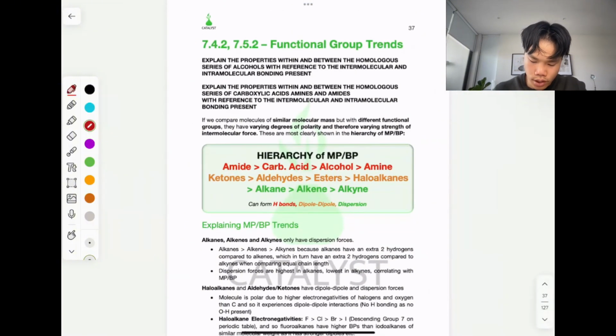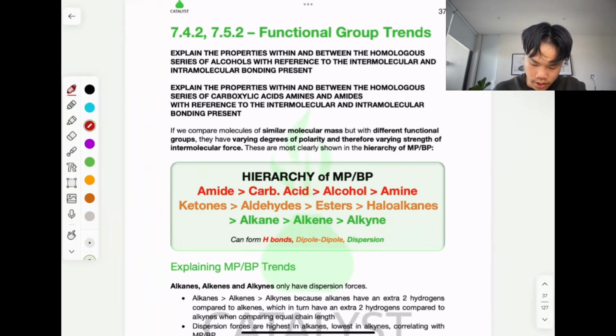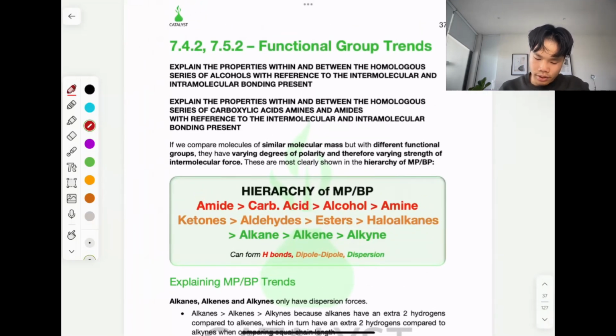And the functional group trends of boiling points from the bottom to the top, I would pretty much say this is the way it goes the whole way. The middle region with ketones, aldehydes, esters, and haloalkanes, it's very hard to know actually. So I would just say this is all similar. It really just depends.